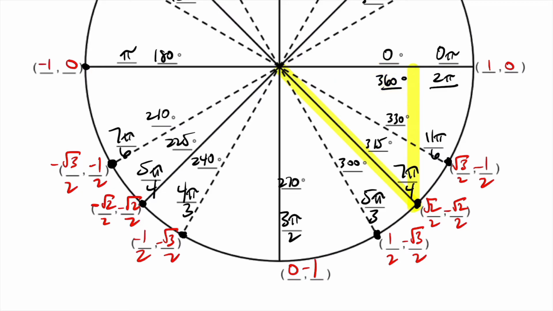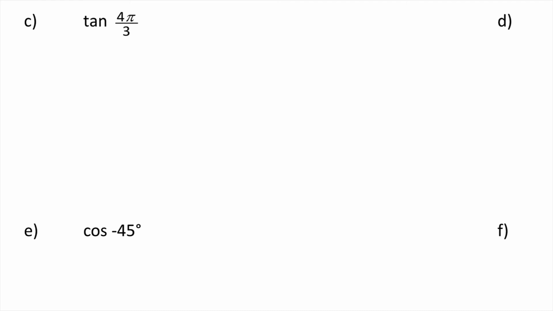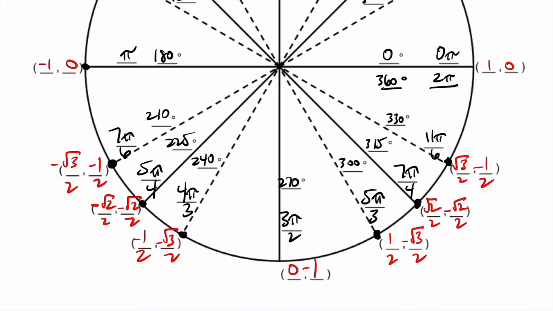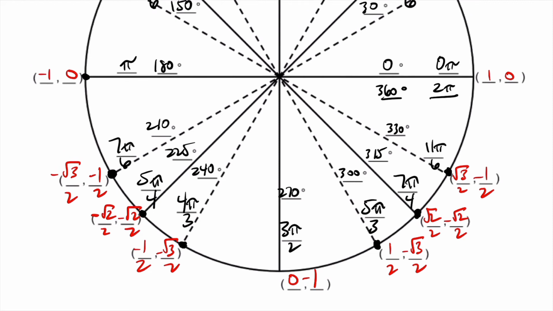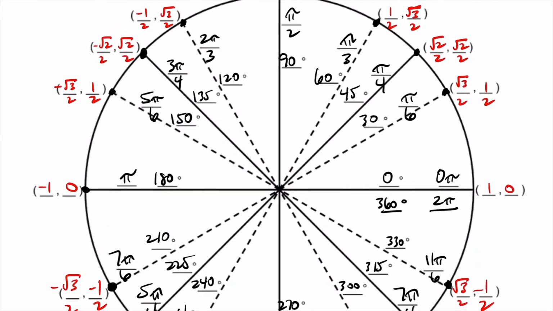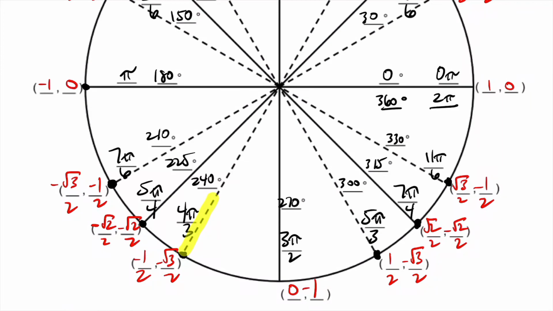So this one we're looking for 4 pi over 3. So 4 pi over 3 is, what was it? 240 degrees. Yep, right there.